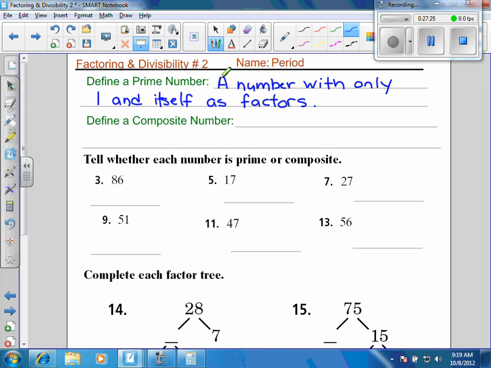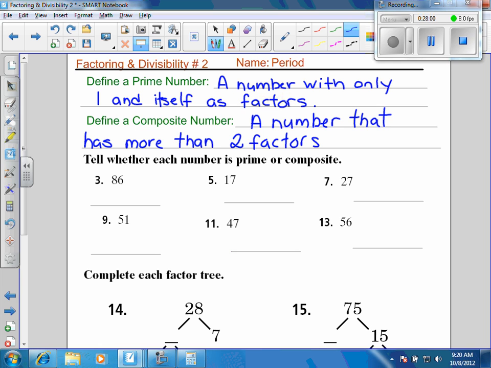A number that has more than 2 factors would be perfect, or a number that's not a prime. A number that has more than 2 factors.